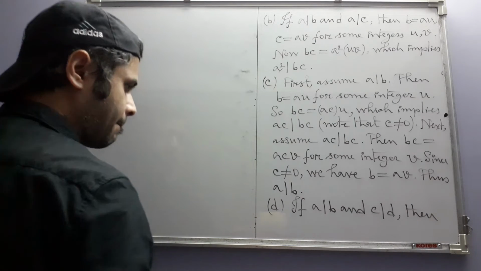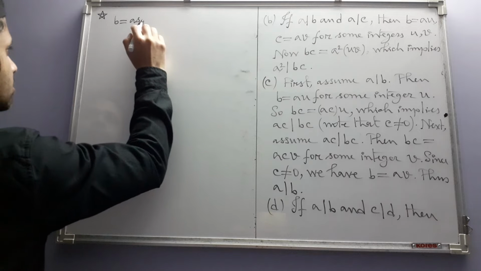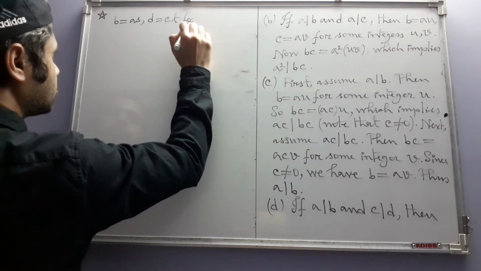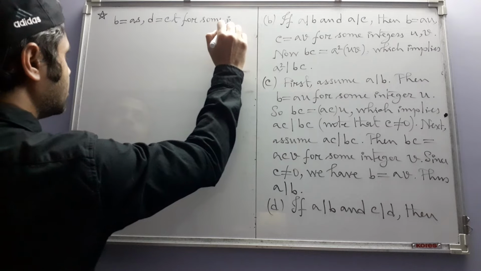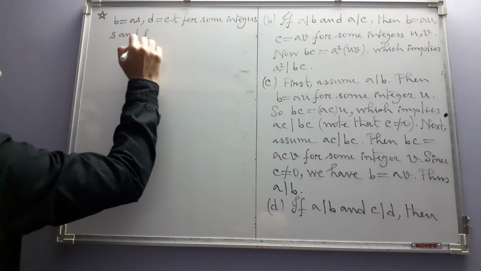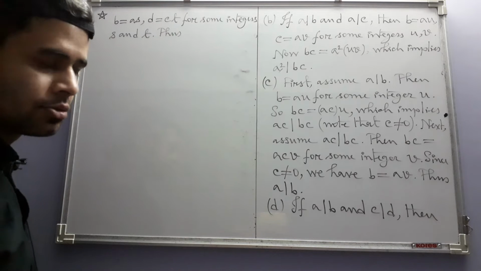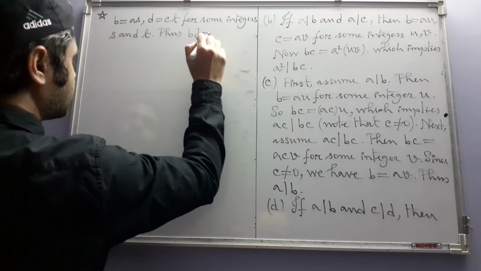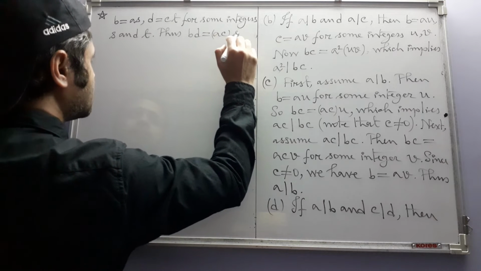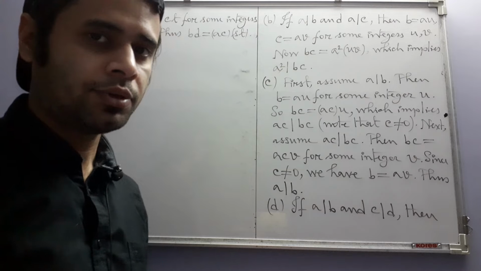Then B is equal to, say, AS and D is equal to CT for some integers S and T. Thus, now if we multiply these two equations together, you will see that BD is equal to AC times ST. Now, these two relations imply A and C have to be non-zero.